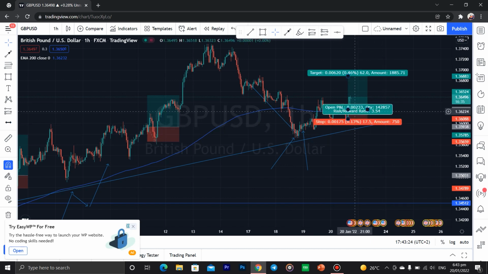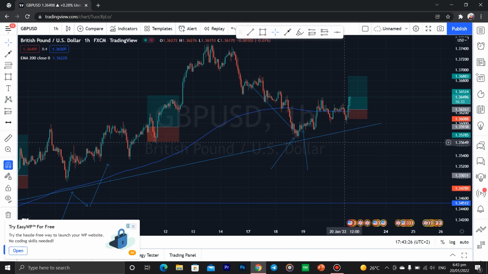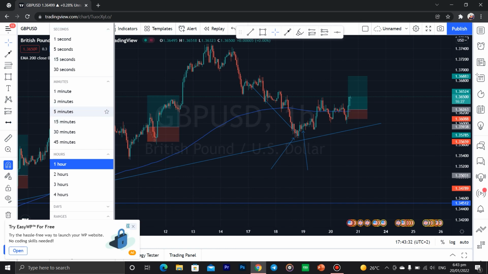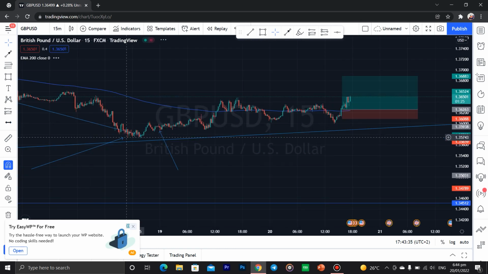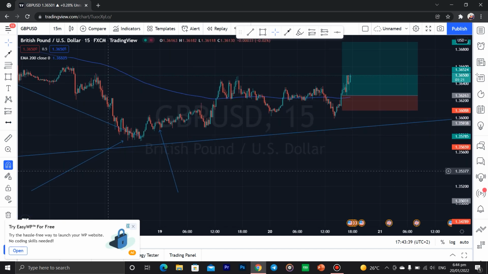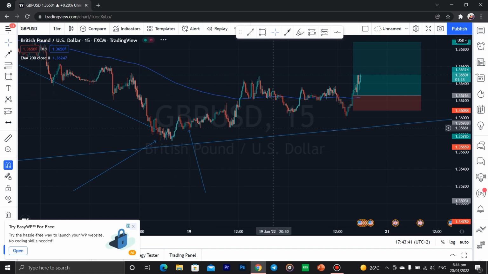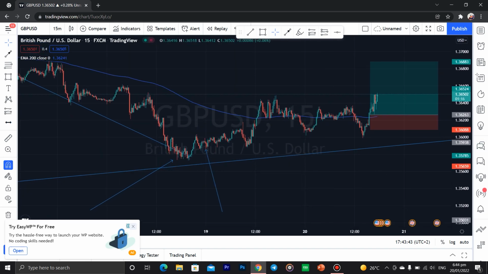So I'm going to scale down to the M15 because that's where I get trades more easily. Going down to the M15, let's see how I came up with these trades. Now on the M15, it was game time. I usually do have the other moving averages on my charts.